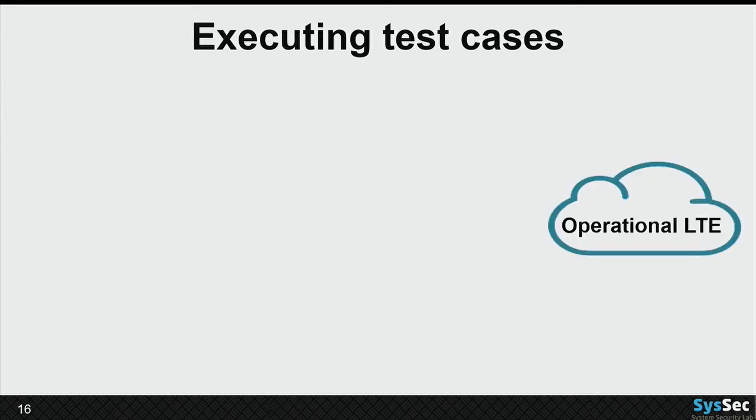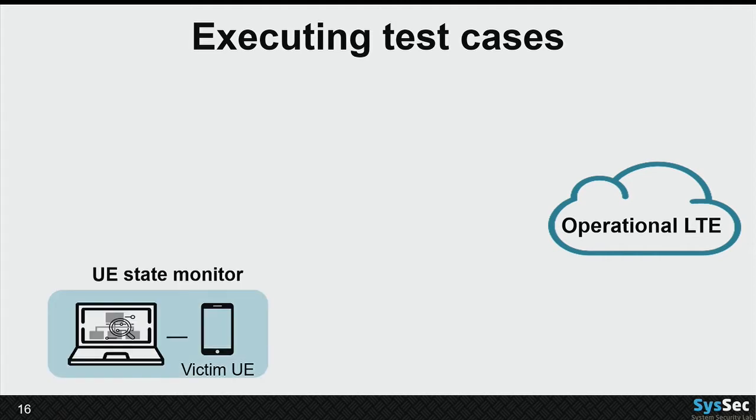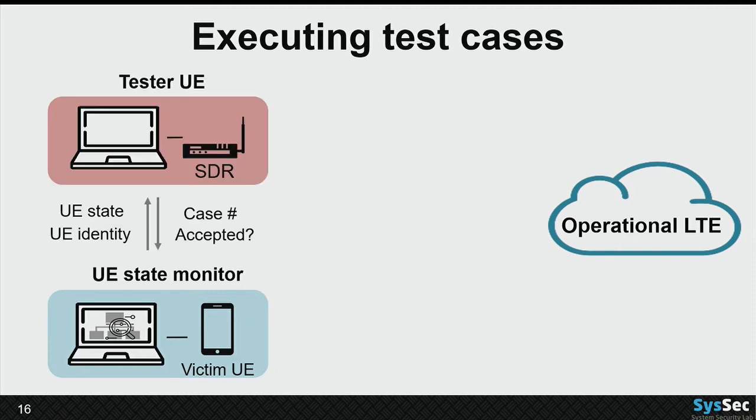After we generate the test cases, we have to test each case. First, a victim UE is registered to the operational LTE network. Then we implemented a UE state monitor to analyze control plane traffic and the UE states in real time. And then there's a tester UE, and it pretends to be the victim UE by using the victim UE's identity, and sends test cases one by one.